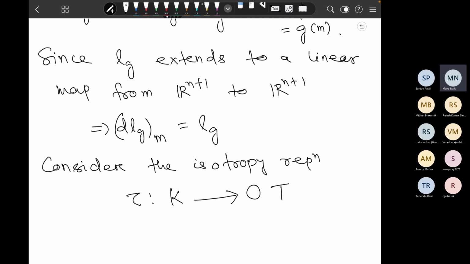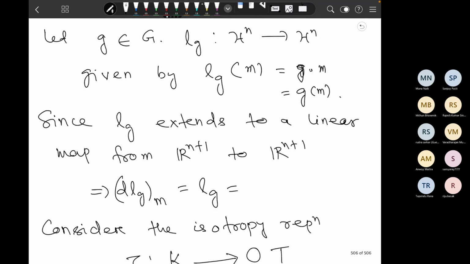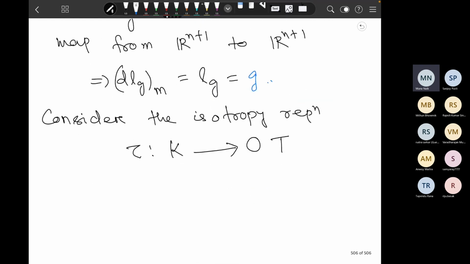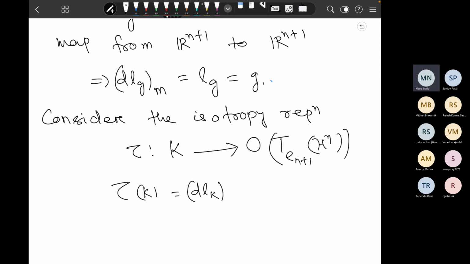This is L_g, but L_g is g. Okay. So this is g. So this tau(k) is really what d(L_k) at e_{n+1}, but this is really k.